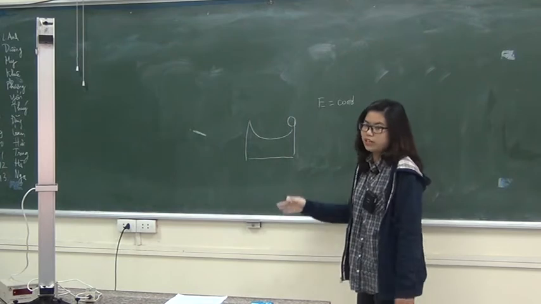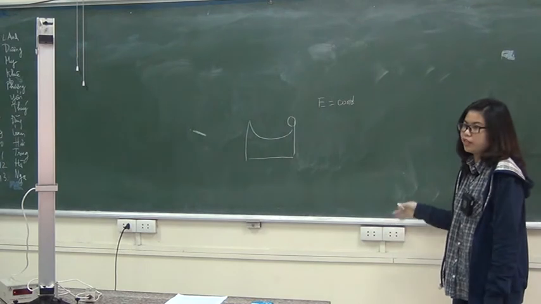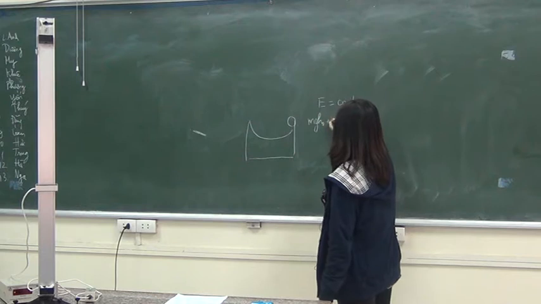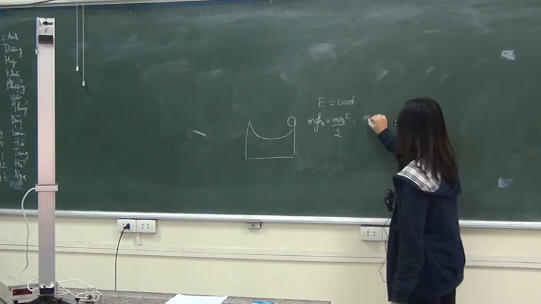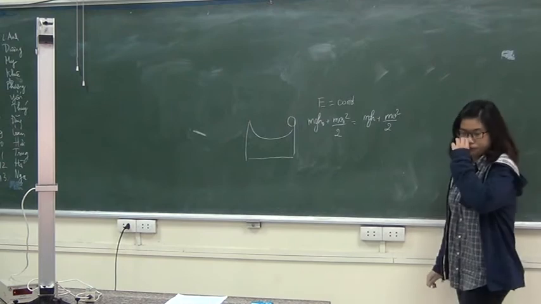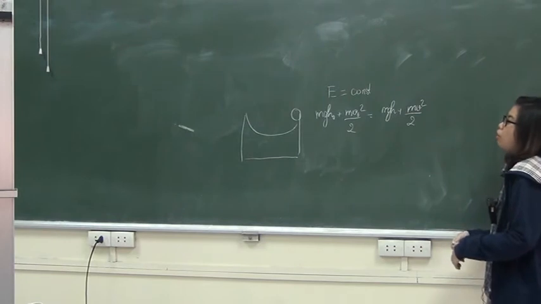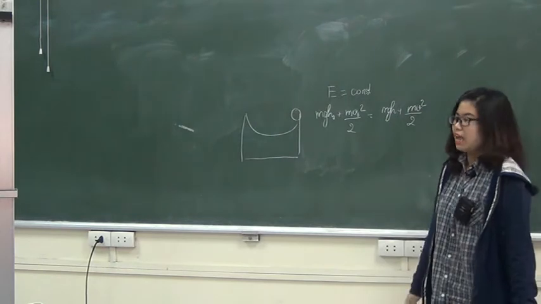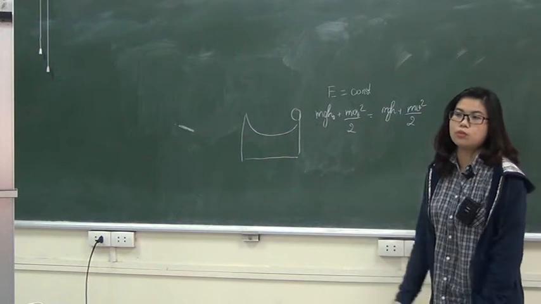The initial total kinetic and potential energy must be equal to the total kinetic and potential energy at the last position, like this: mgh0 plus mv0 squared over 2 is equal to mgh plus mv squared divided by 2. Then I will ask them what is the easiest way to choose the initial position, and they can see that the easiest way is to choose the initial velocity equal to 0.